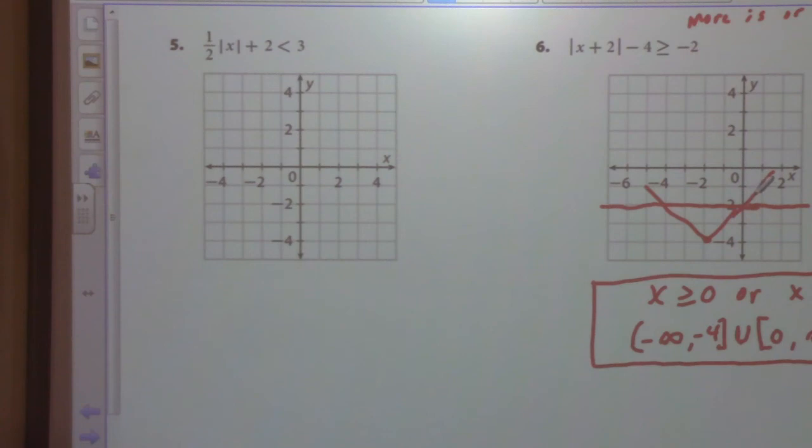So that means everything outside of the absolute value graph. You're looking for where this v-shaped function is greater than this line here.